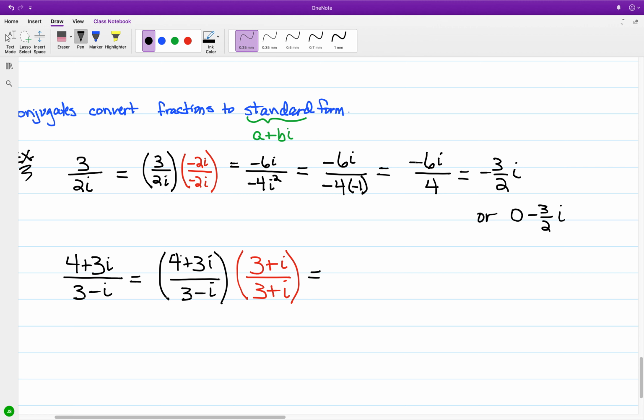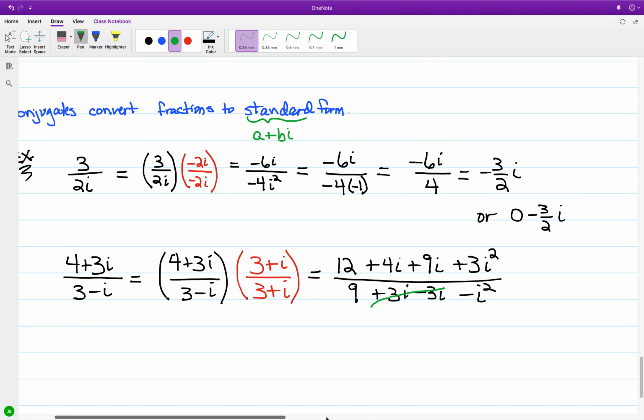If I distribute, 4 times 3 is 12, plus 4 times 3i is 12i, and 3i times 3 is 9i, plus 3i squared. In the denominator, 3 times 3 is 9, plus 3i minus 3i, minus i squared.